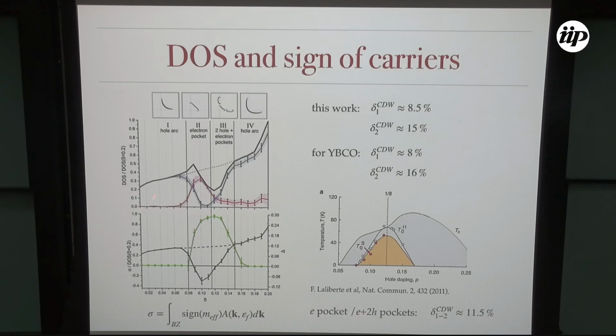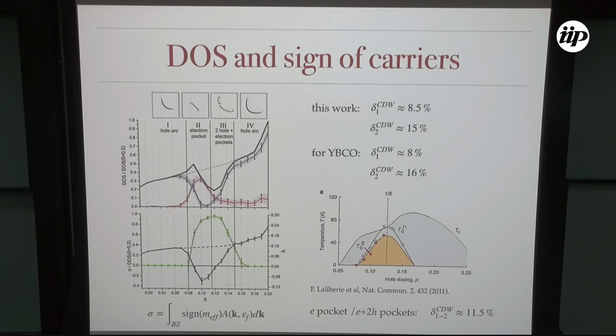You can see that there is a drop of the hole conductivity and a rise of electron conductivity in the doping range which fully corresponds to the expected electron pocket. We also calculate the value of the gap, which also corresponds to this phase diagram.